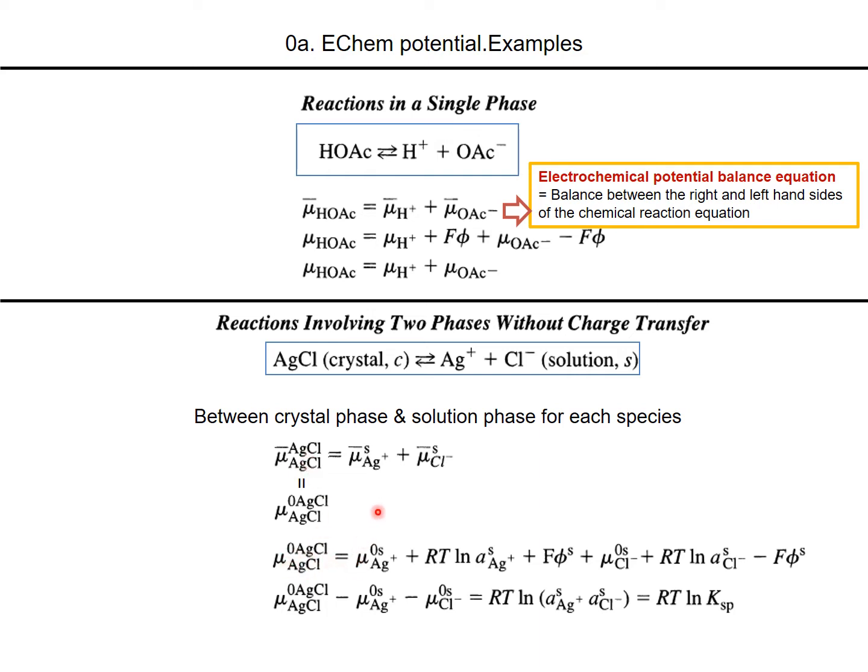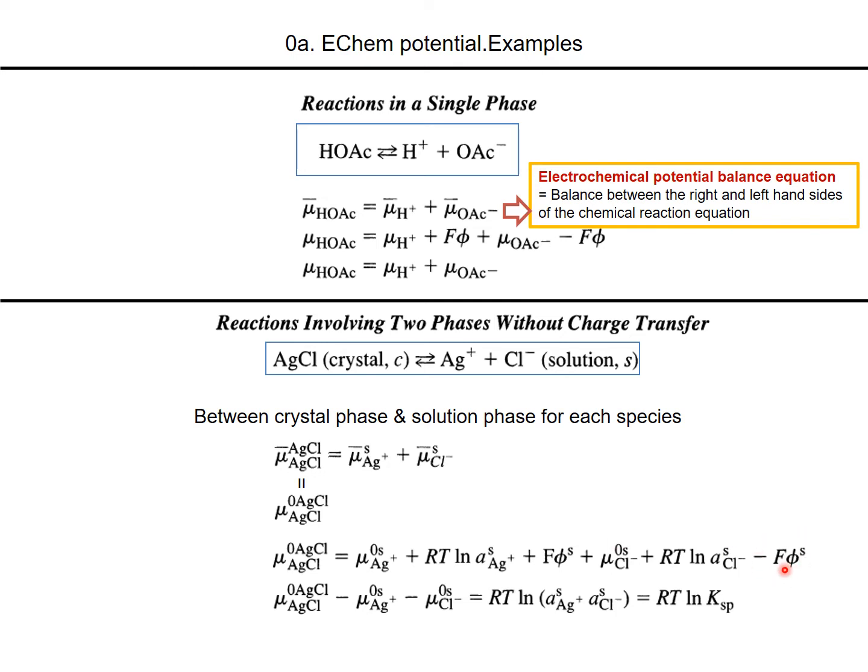The first term of the right side of this equation splits into three terms: standard chemical potential, activity term, and electric potential term. In that case, we have a plus sign here. Also, the second term splits into three, and the electric potential term has a minus sign.